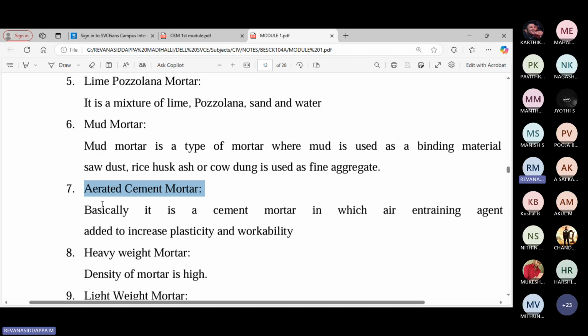The purpose of adding this air entraining agent is to increase the workability of the mortar or to reduce its stiffness. When you mix cement, sand, and water, it should have good flowability.